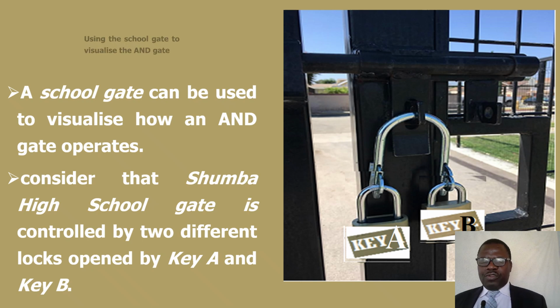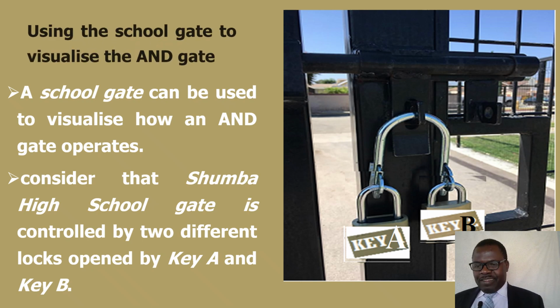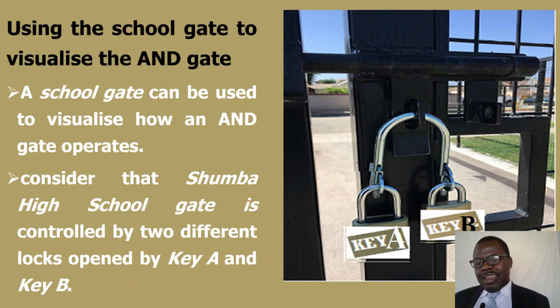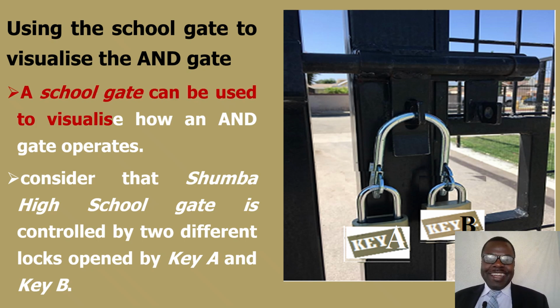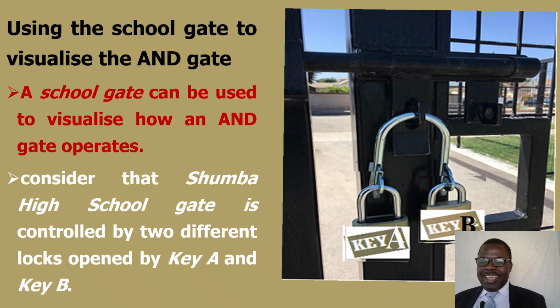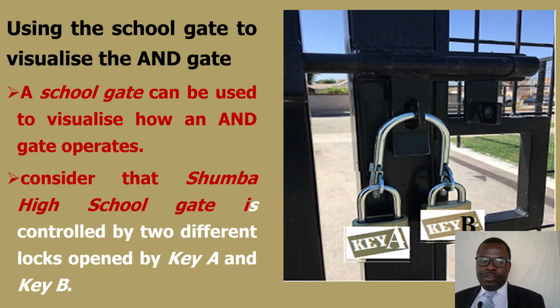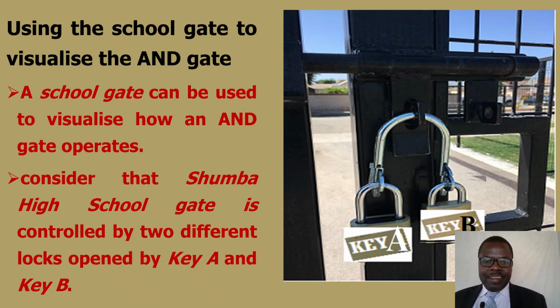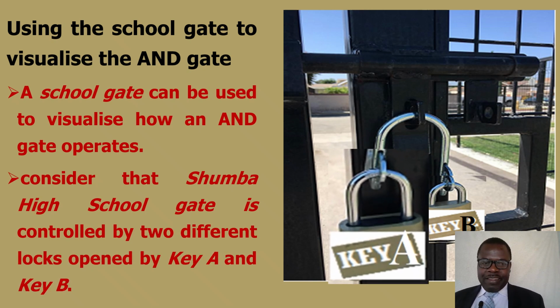How do we visualize logic gates using our local examples? We can take a school gate with two locks, unlocked by key A and key B, to demonstrate how the AND gate works.